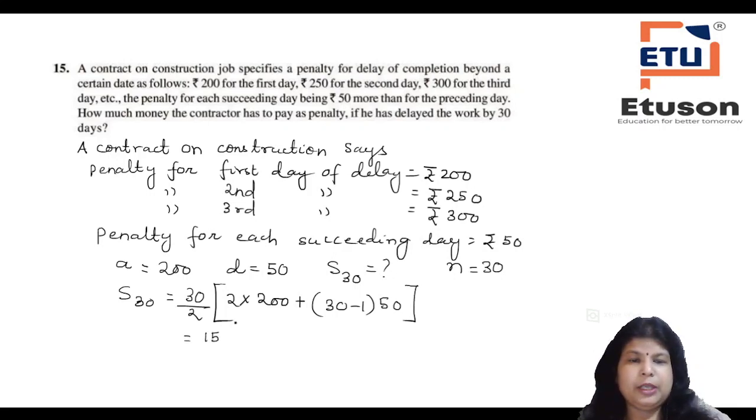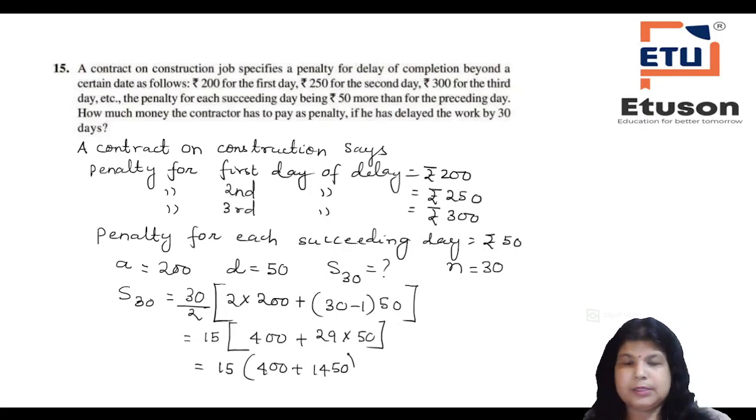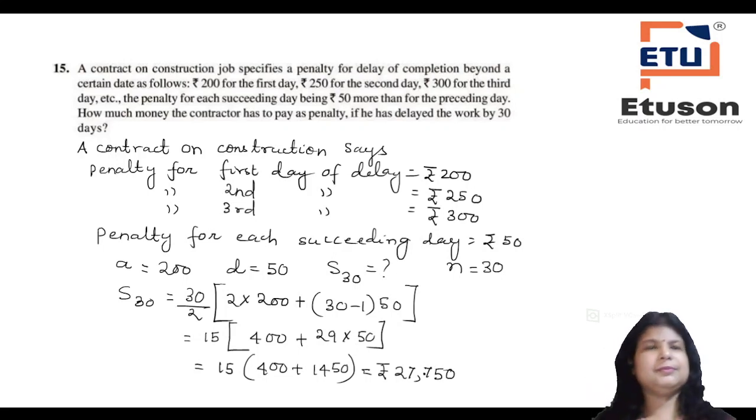Correct or not? So what you obtain is 15 within the bracket 400 plus 29 into 50. Correct or not? So let us find out the answer. 15 within the bracket 400 plus 1450, and your answer is 27,750. Correct?